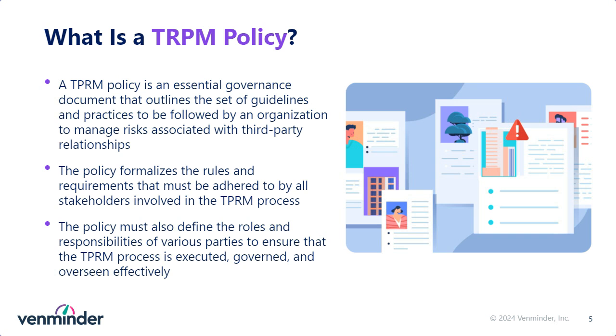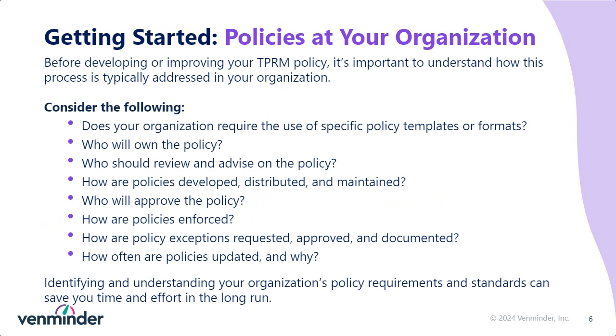So before we go about writing the policy, there's a few things to consider first. And that's really in relation to the organization's policy requirements and standards, right? So when we're thinking about this, we might want to think if there's a specific template or format we need to follow. If there is, we need to start with that because trying to reformat another template is just going to be a waste of time.